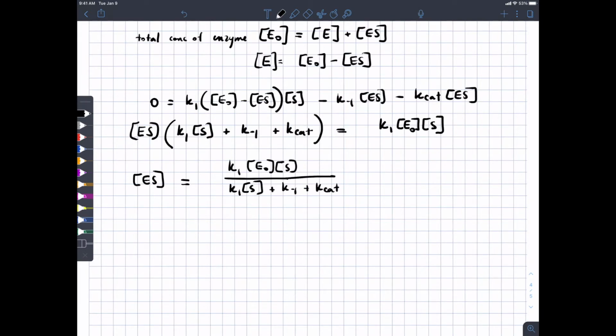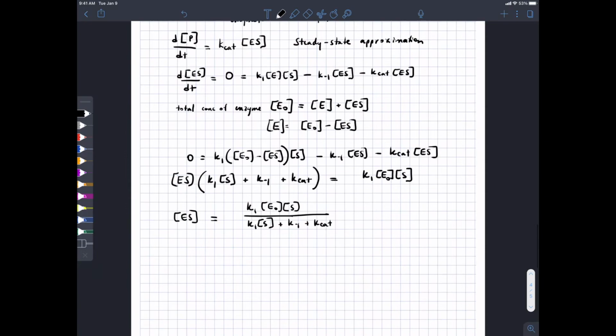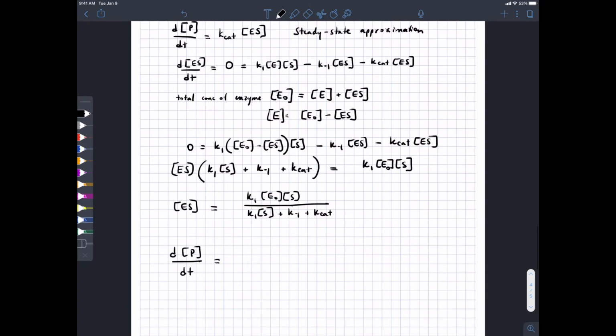And then we can just put all of that into our expression for the rate and write a new rate law. And that's going to be complicated enough, but we can't really leave well enough alone.